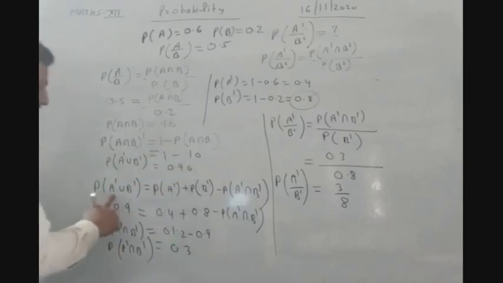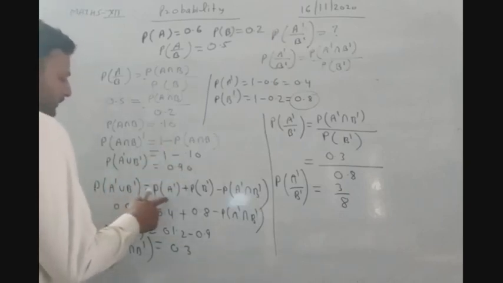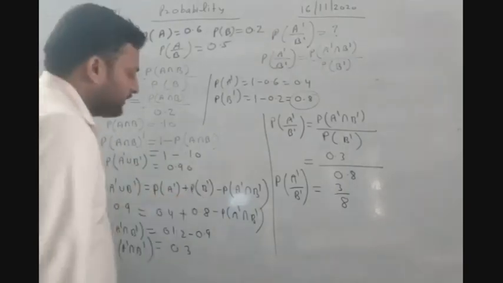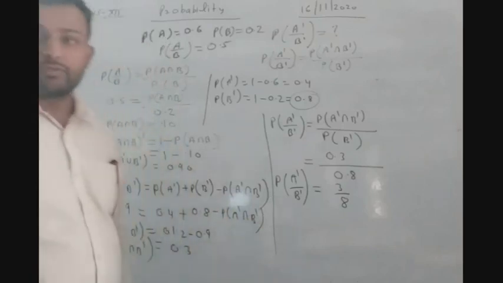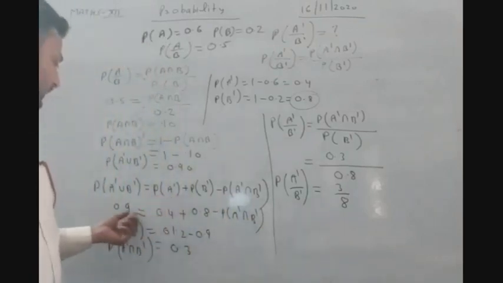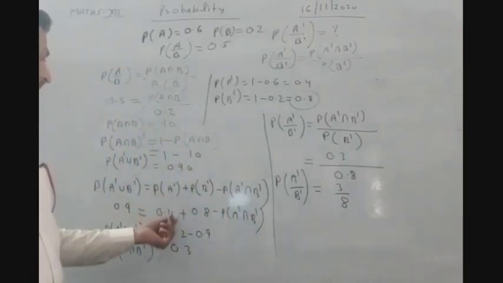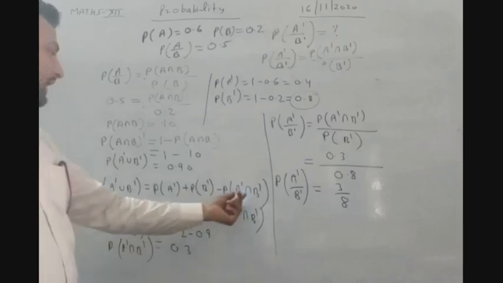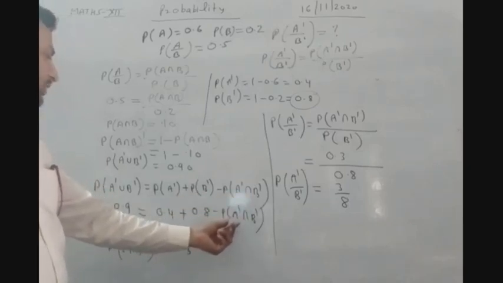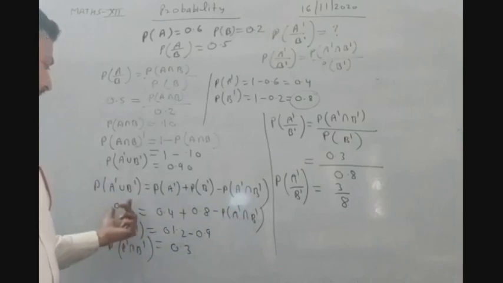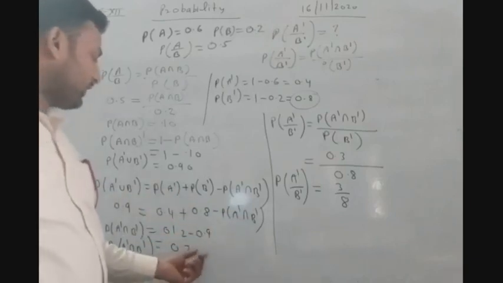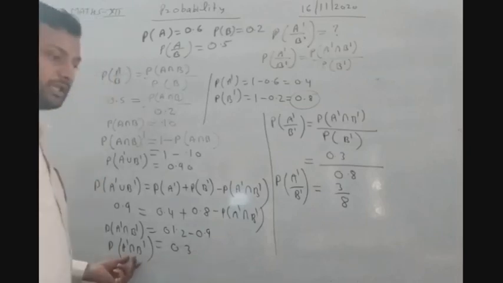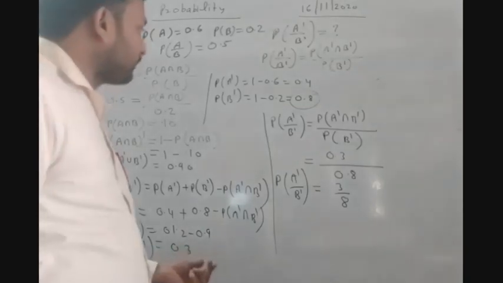Now we write the formula: probability of A dash plus probability of B dash minus probability of A dash intersection B dash. Now we put the values 0.9, 0.4, 0.8, and this is what we have to find out. We take it to the left hand side and send the other to the right hand side, and after subtracting we get 0.3. So our probability of A dash intersection B dash is 0.3.